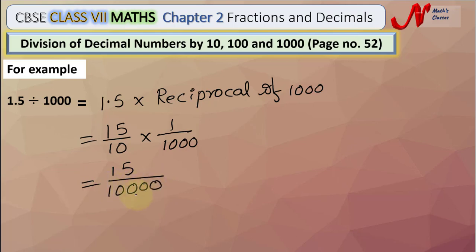In the denominator we have 4 zeros, so in the final result from right to left we keep the decimal point after 4 digits, but here we have 2 digits, so we add 2 more zeros and keep the decimal point, so we get 0.0015. Therefore 1.5 divided by 1000 is equal to 0.0015.